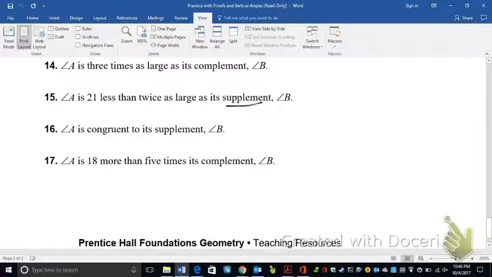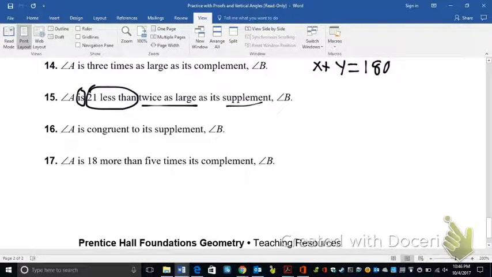So, moving on. These next ones are supplements. So we're going to go x plus y equals 180 because they're supplementary angles. A is 21 less than twice as large. So those are, that is less than and twice as large. Those are our action statements.